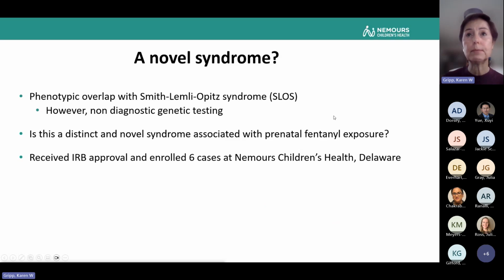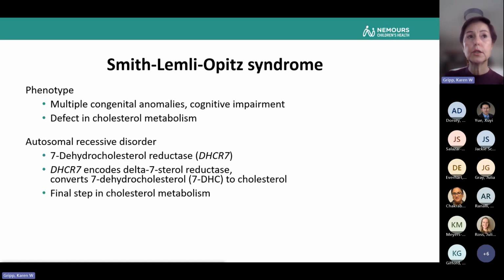I will show you a little bit more about this condition in the next few slides. However, we could not confirm a diagnosis of either Smith-Lemli-Opitz syndrome or another condition through detailed genetic testing. So we were wondering if possibly the prenatal fentanyl exposure was driving this phenotype, and we obtained an IRB-approved protocol in order to study this in more detail.